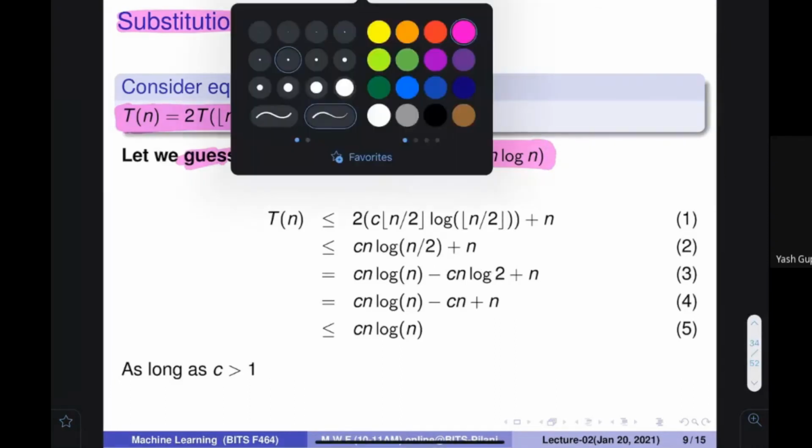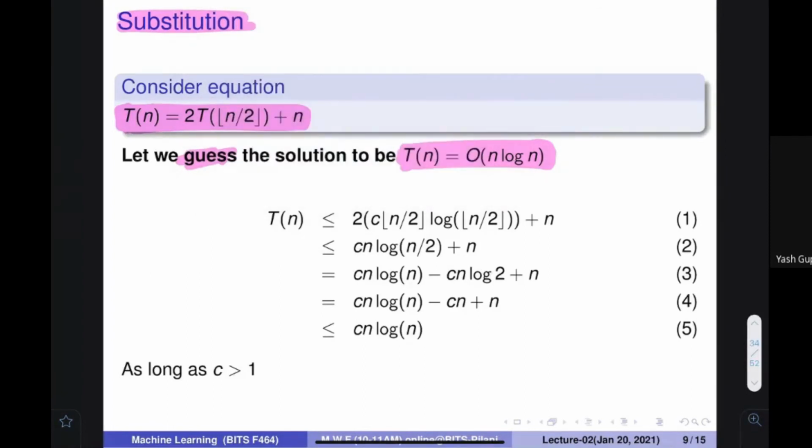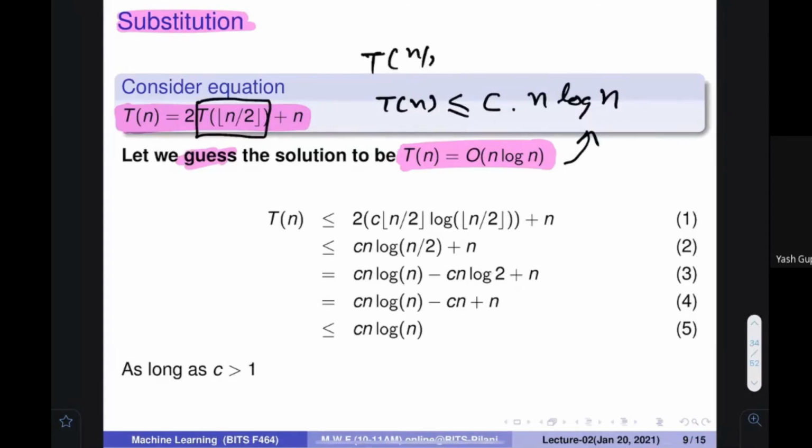What does it mean? It means that Tn is less than or equal to some c into n log n. This is what I mean. And on this side, I have T(n/2). So what is T(n/2)? Can you tell me?